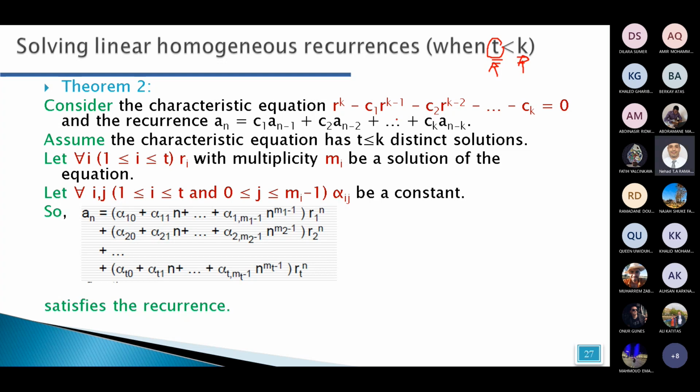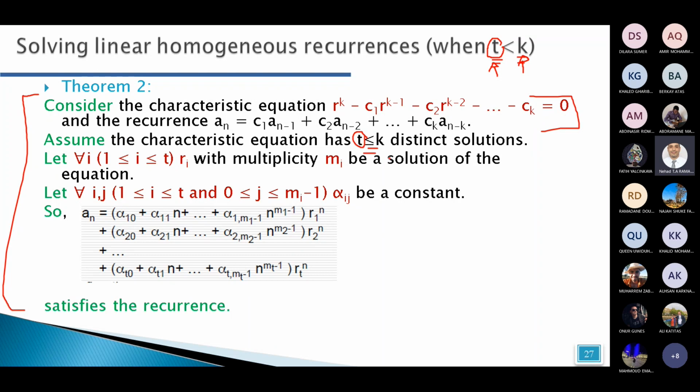What does the second theorem say? It looks complicated here, but I will make it as simple as possible for you. Look, when you have a characteristic equation, any characteristic equation, and you have t, if it's equal to the degree, you can apply the first theorem, it's okay.